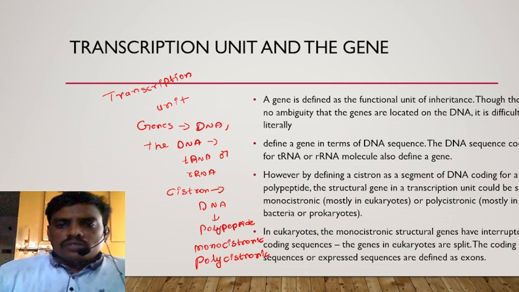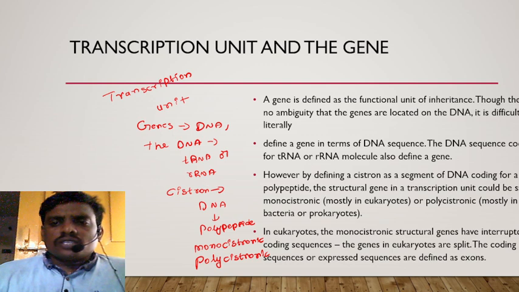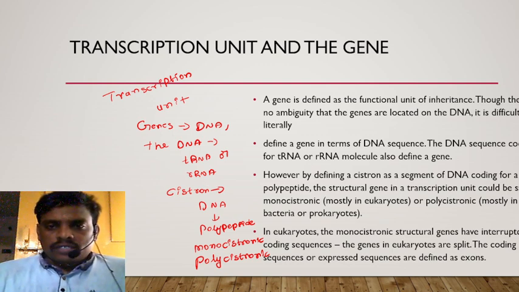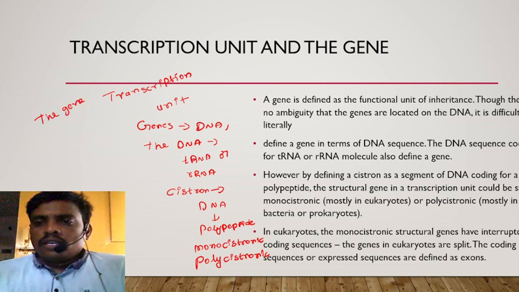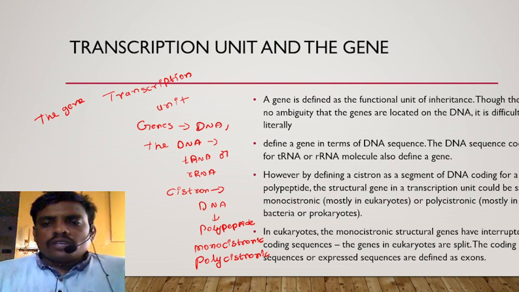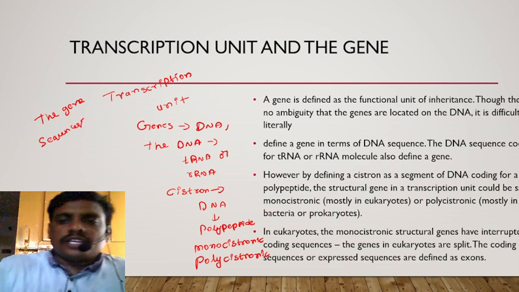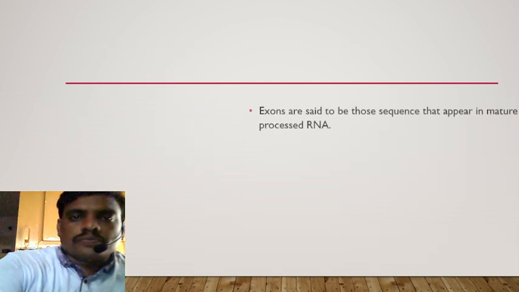In eukaryotes, monocistronic structural genes have an interrupted coding sequence, and the genes located in eukaryotes are split. The coding sequences, the expressed sequences, are defined as exons.